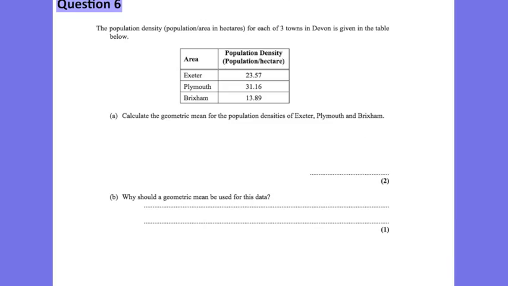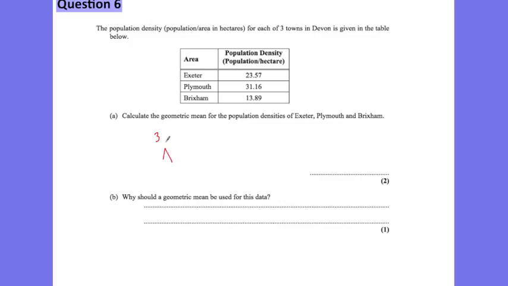Question number 6. The population density, which is the population divided by the area in hectares, for each of 3 towns in Devon is given in the table below. We're asked to calculate the geometric mean for the population densities of Exeter, Plymouth and Brixham. So we have 3 values.